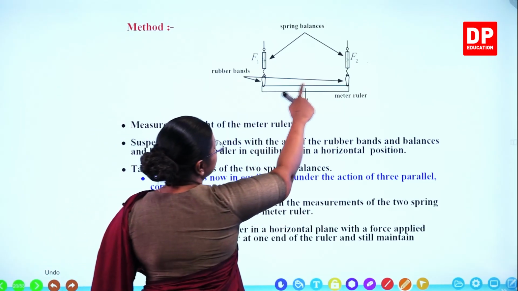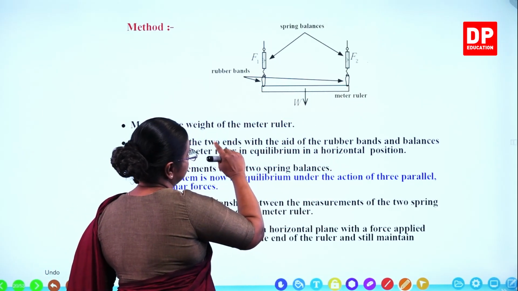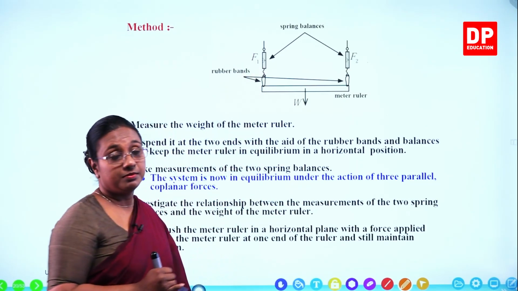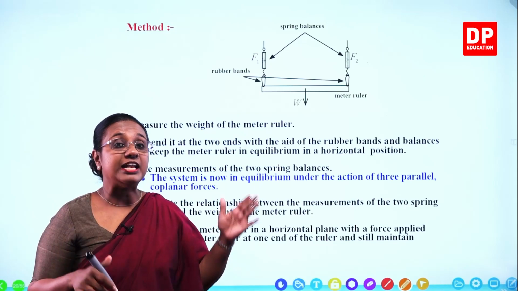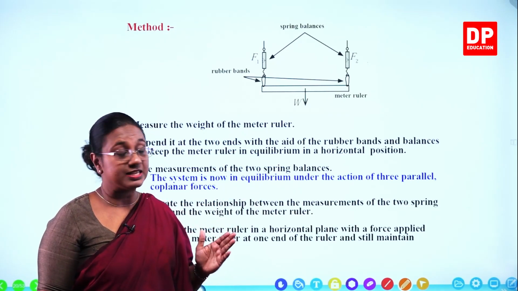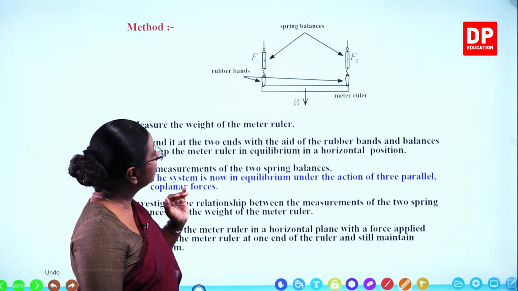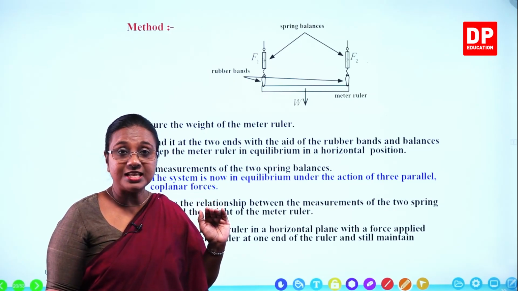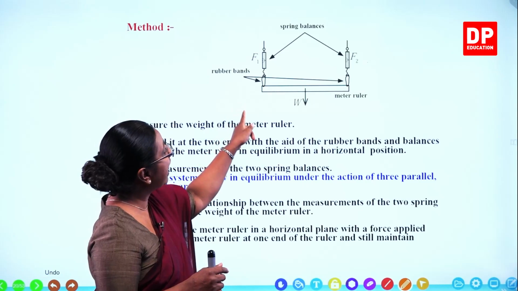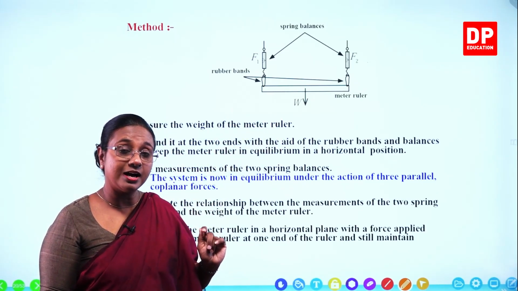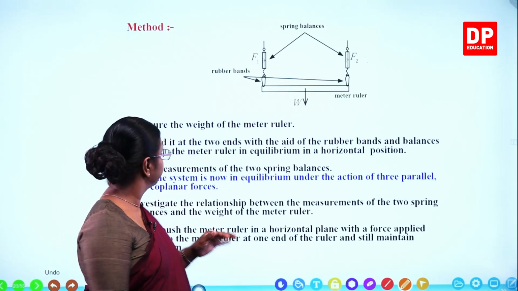So here you can see it is in a horizontal position, and the Newton balances also have to be suspended. To do that, we use the stands. So we fix the Newton balances to the stands, then the rubber bands are attached to the Newton balances, and the meter ruler is hung from the rubber bands.